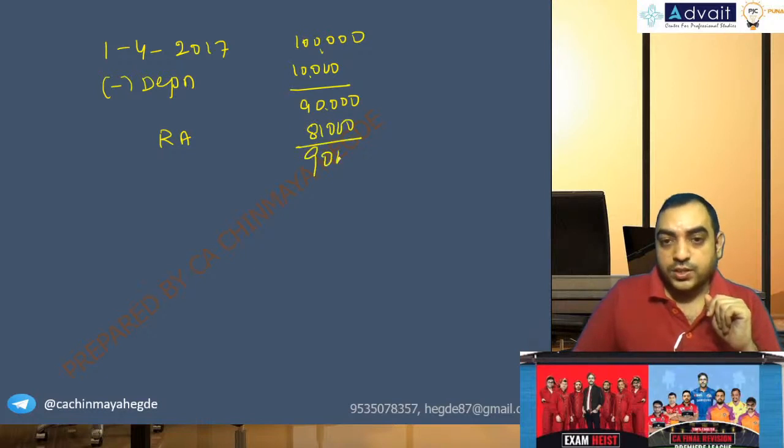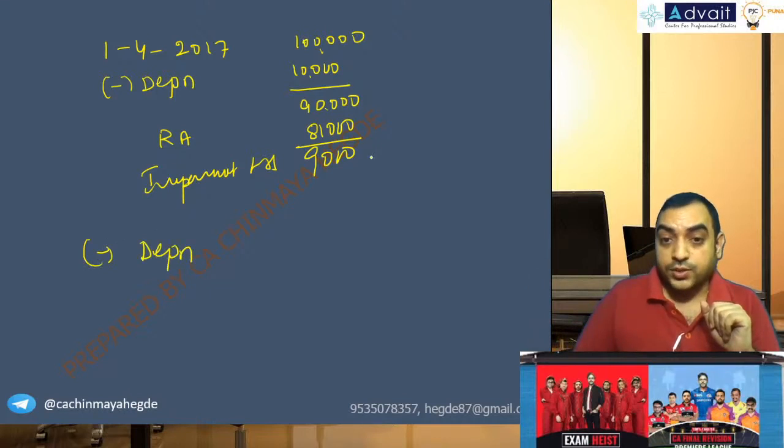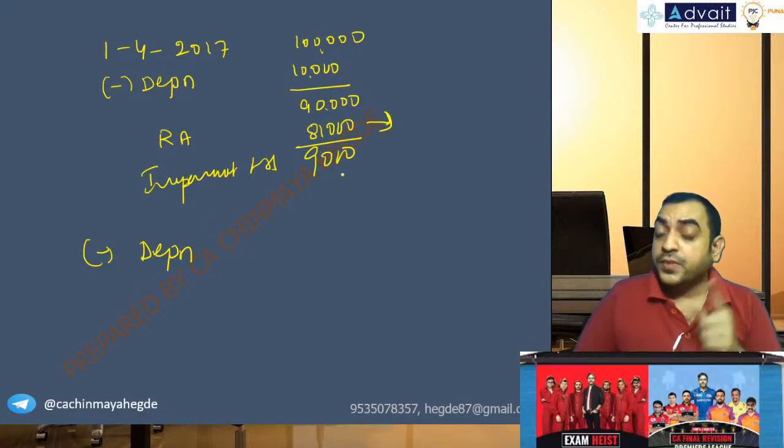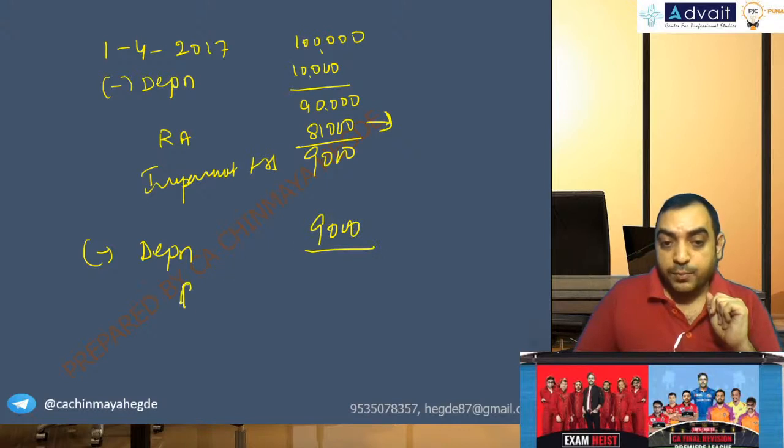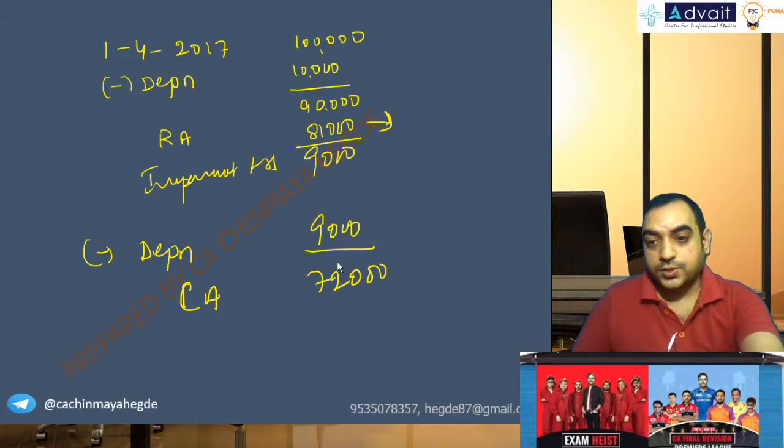So 9,000 is the impairment loss. Next year, depreciation will be provided on 81,000 over the remaining 9 years. That becomes 9,000, so the carrying amount becomes 81,000 minus 9,000, which is 72,000.